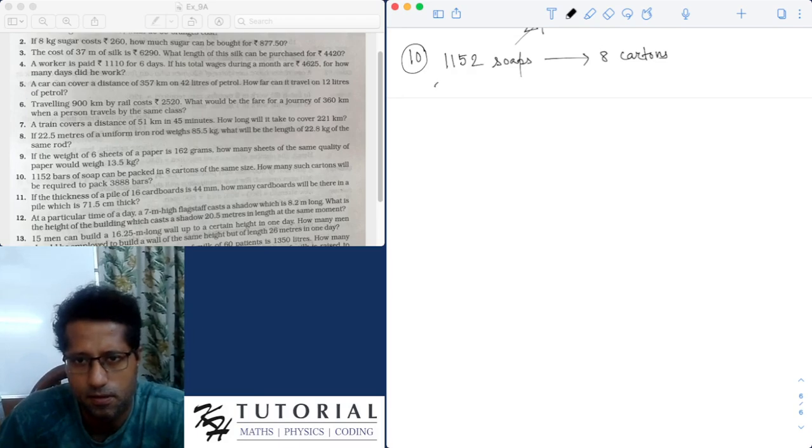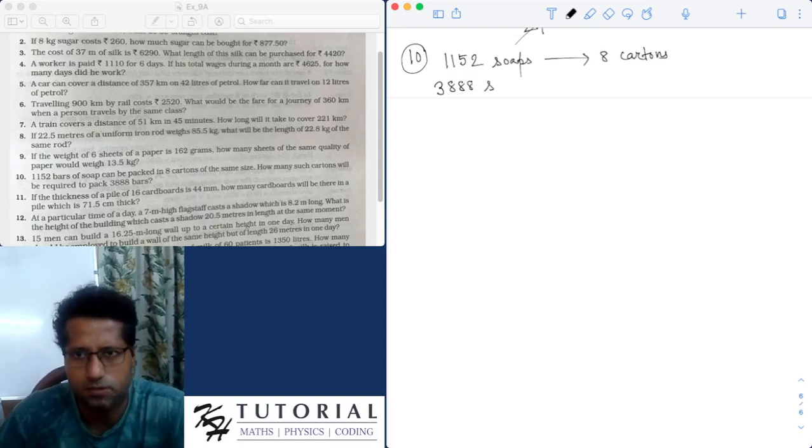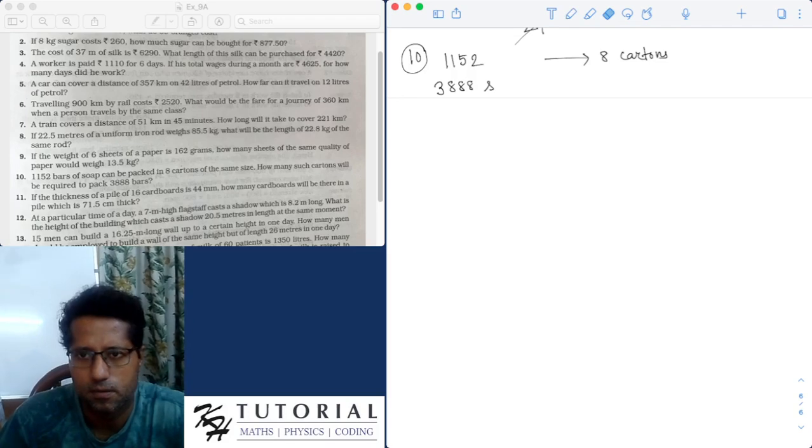So let's say 3888 bars, actually this is not soaps, this is bars, can be stored in X cartons. Then X is the number of cartons.